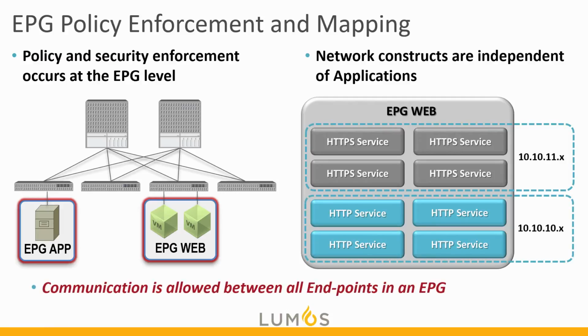So for EPG policy enforcement and mapping, the policy is set and the security enforcement occurs at the EPG level, in the leaf switch for each EPG. Communication is allowed between all endpoints within any given EPG, but remember, in a future module we'll take a look at micro EPGs, which allow segmentation between devices if they are Virtual Machine Manager managed.